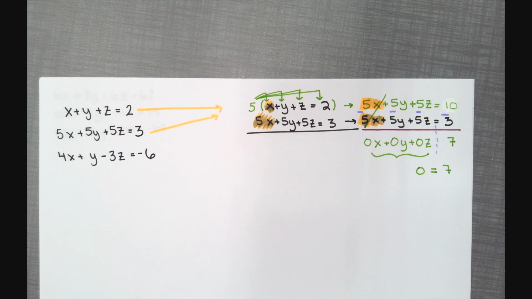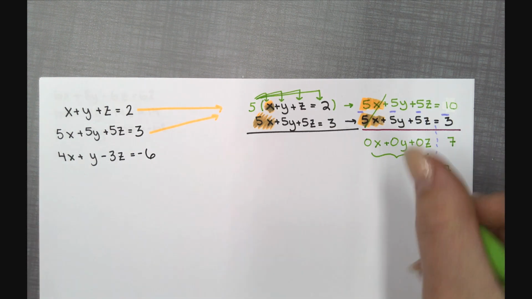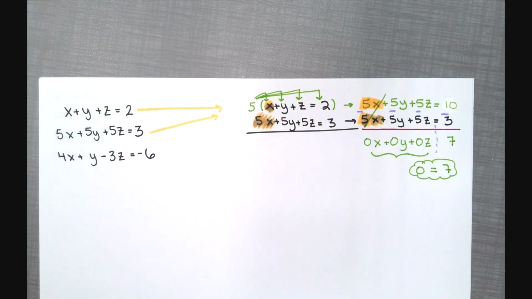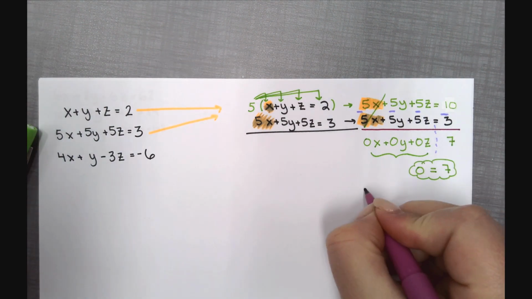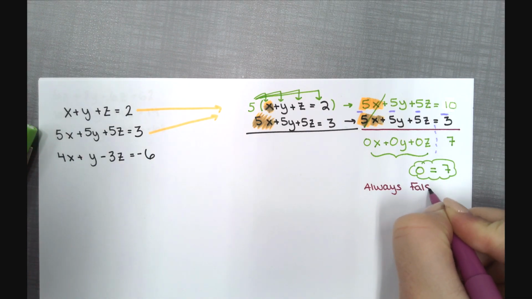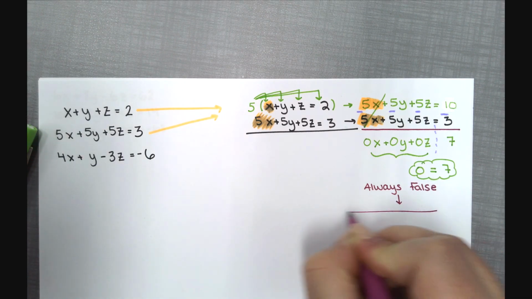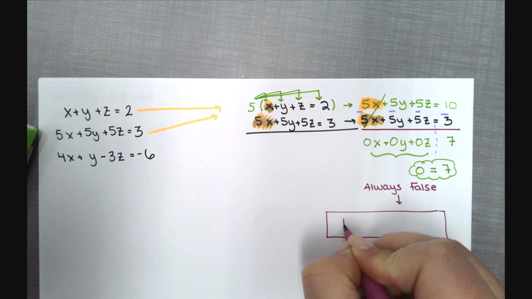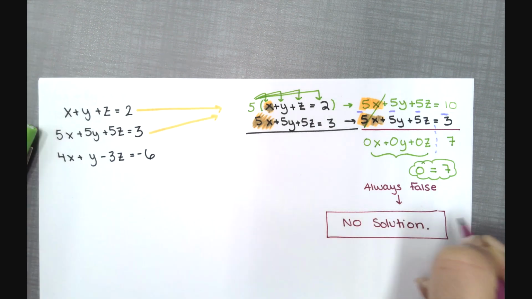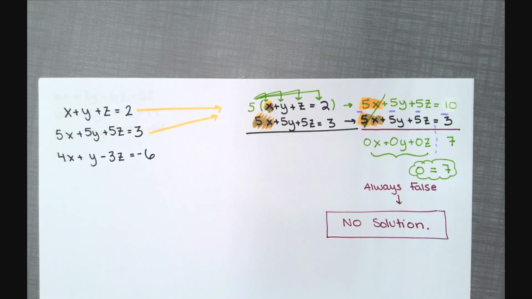Since it does not equal 7, this is considered an always false statement. And since we have an always false statement, our answer to this question is no solution. Moving on.